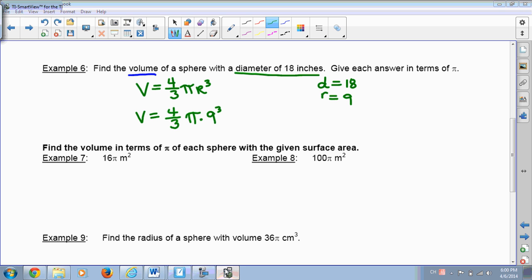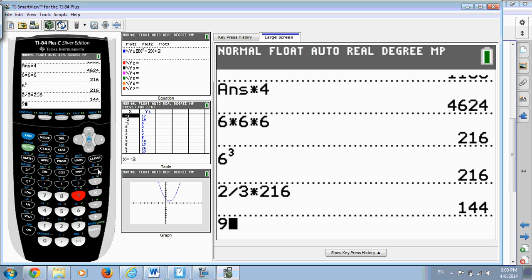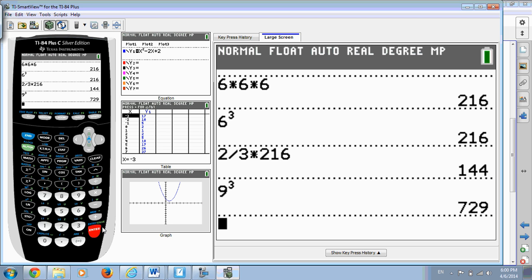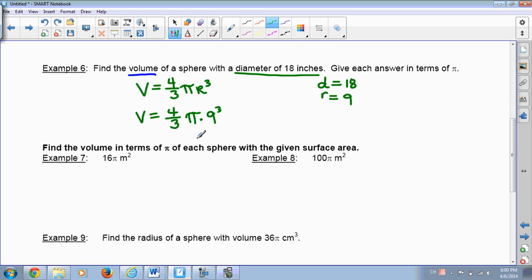Okay, we got to go to our calculators. 9 cubed, or 9 times 9 times 9, is 729. So we have volume is equal to 4/3 pi times 729. We're going to leave it in terms of pi.